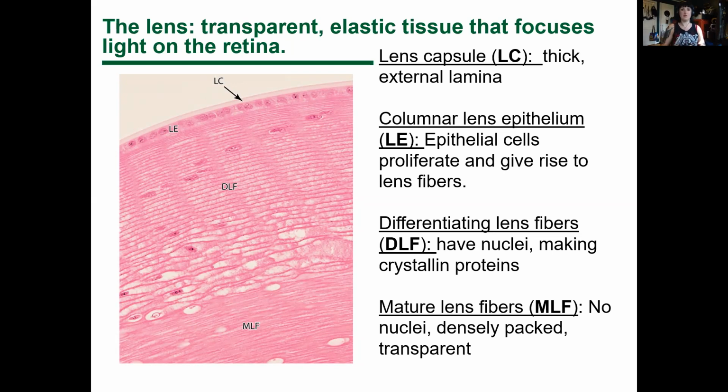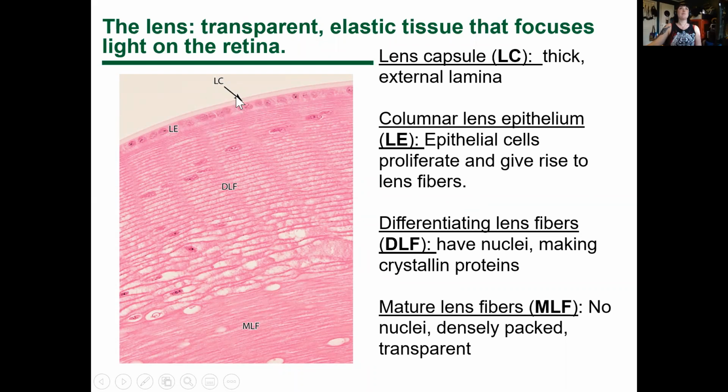And the problem is it can't contain blood vessels. Otherwise, blood vessels would be constantly overlaying your field of vision. Not ideal. So the lens and the cornea both are interesting because they manage to be cellular but avascular, and they rely on diffusion of oxygen and nutrients from the fluid that bathes them.